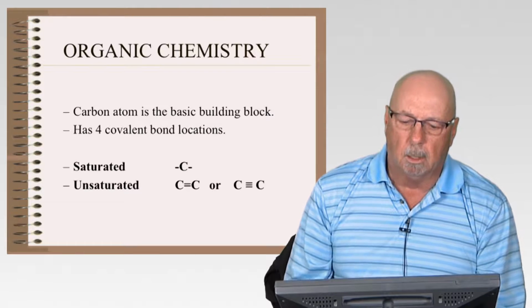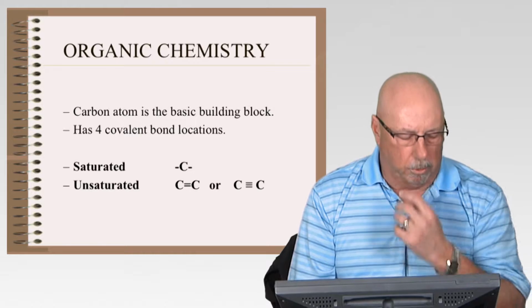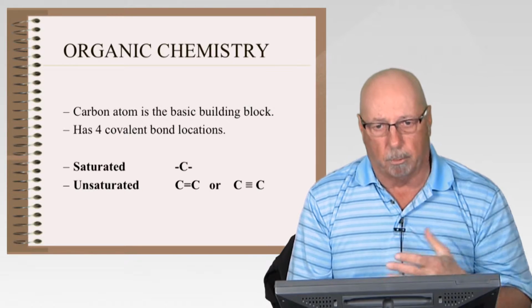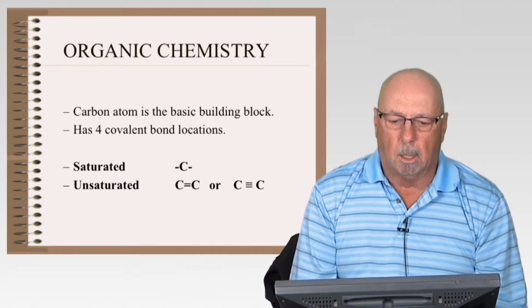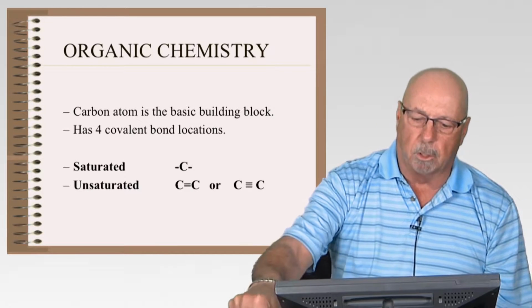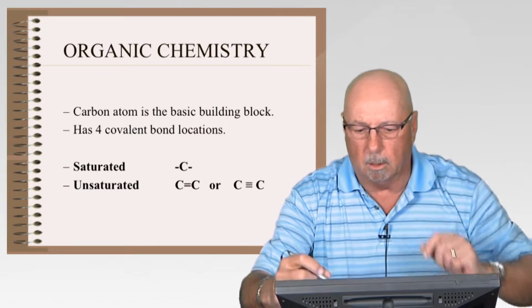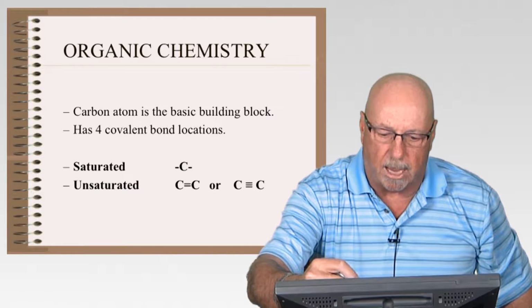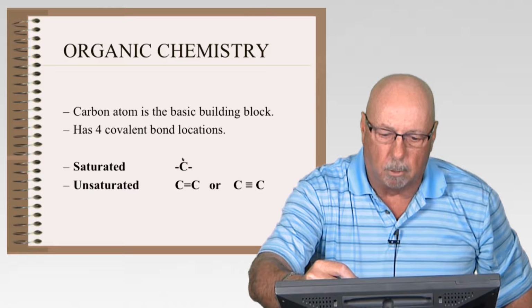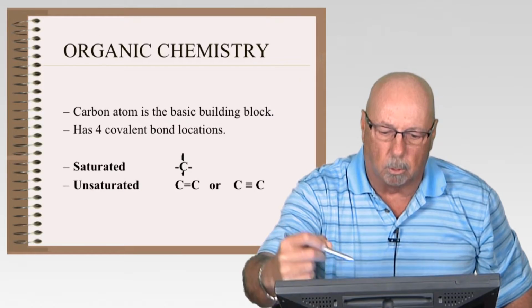The carbon compound is going to have 4 bonding locations, and it's going to form a covalent bond where you share these bond locations. The first example we have here is what we would refer to as a saturated carbon element, where you would have a bond location in 4 spots.